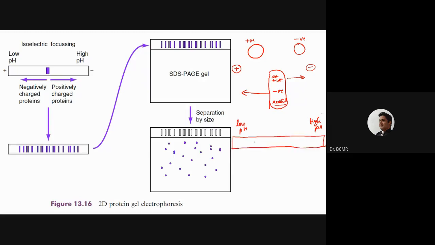So what is pH again? When you say it's the negative logarithm of hydrogen ion concentration. When you say low pH, you actually have a very high amount of hydrogen ions. When you say high pH, that is 14, you have less H+.